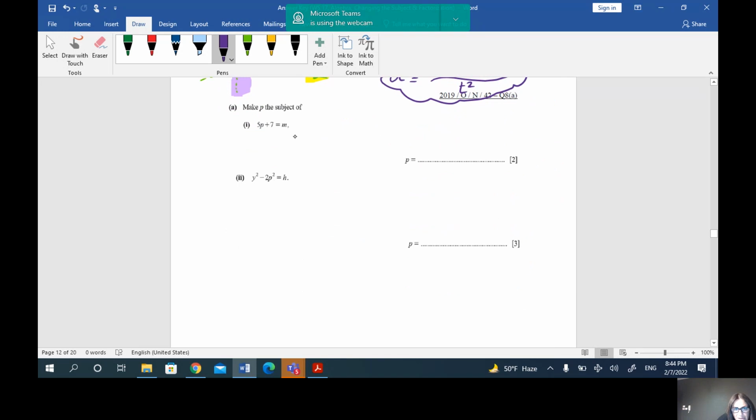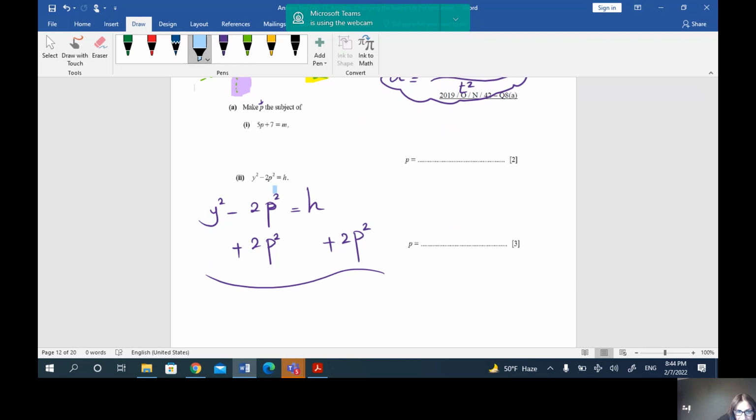Okay, here they want us to make P the subject, so we have Y squared minus 2P squared is equal to H. So we want to make P the subject, so we're going to get rid of, or we can actually, since P is our subject, we can make it positive, so we can say plus 2P squared on both sides.